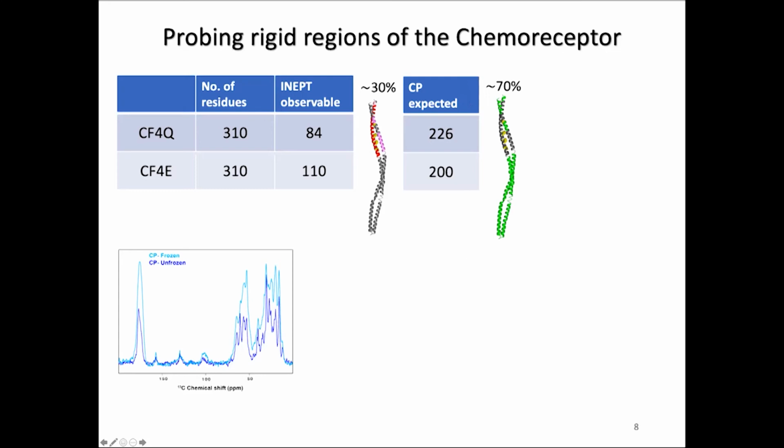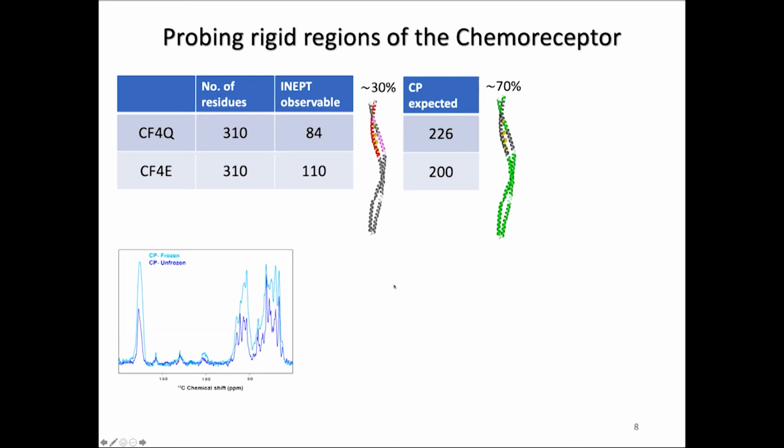Either the entire green region is CP visible but has a low CP efficiency, or only some part of this green region is visible in this unfrozen spectrum, and all of that has a high CP efficiency.